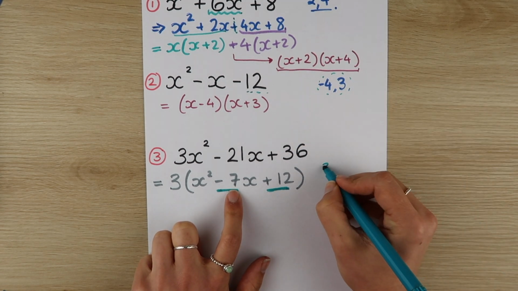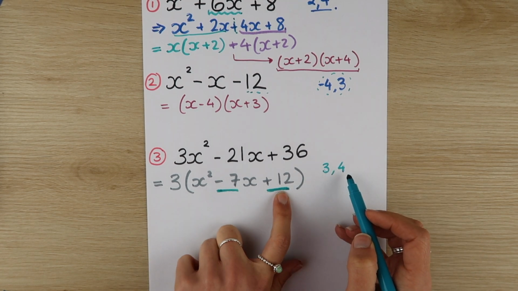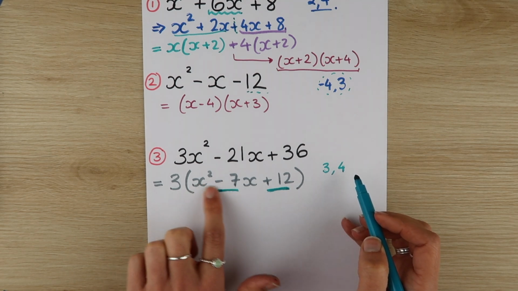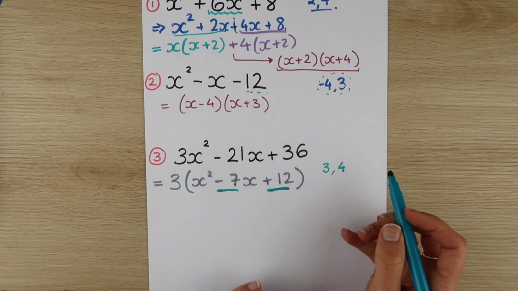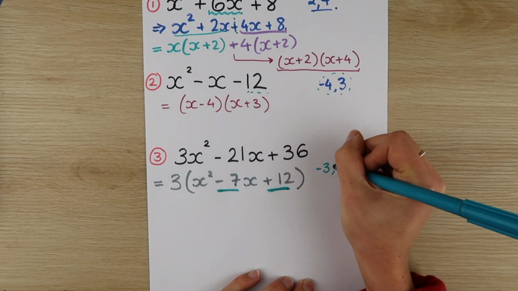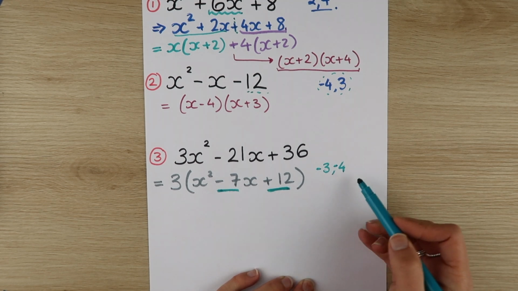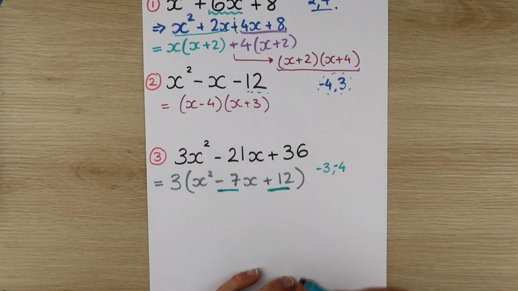So 3 and 4, they multiply together to make 12 and add together to make 7. However, I want them to equal negative 7. Thinking about when you multiply two negatives, if these are both negative, they still multiply together to make positive 12 and they still add together to make negative 7 because negative 3 plus negative 4 is negative 7.